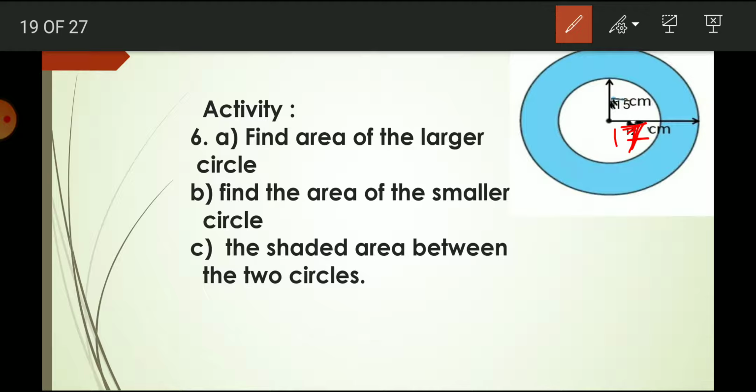So first you should find the area of the larger circle. Second, find the area of the smaller circle. Then C is to find the shaded area between the two circles, like the blue color. You should find these three things.